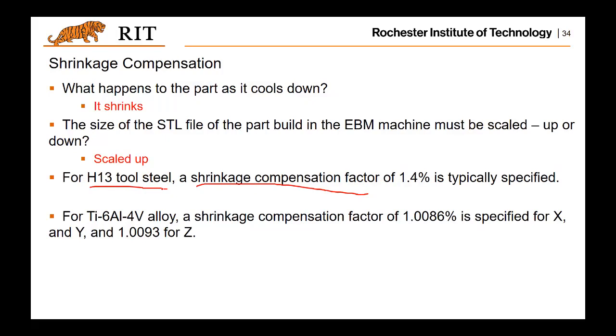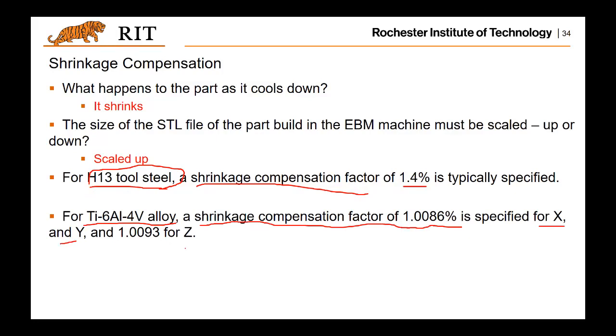If you're talking about H13 tool steel, the shrinkage factor is 1.4%. That means you want to scale up the size of your design by 1.4%. And for titanium alloy, the shrinkage compensation factor is 1.0086% for the X axis.